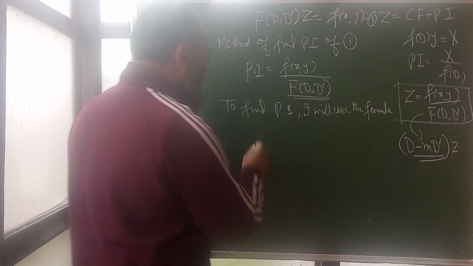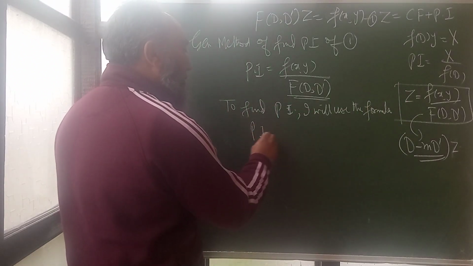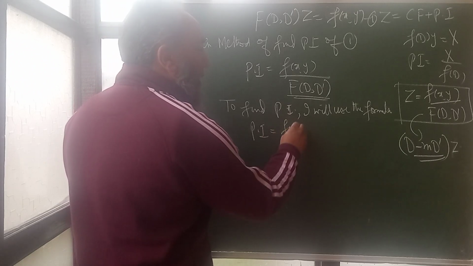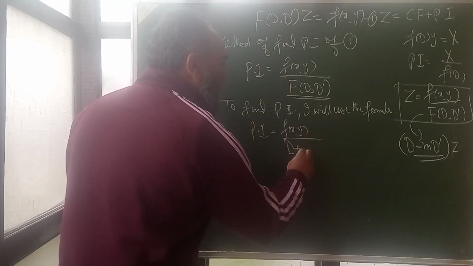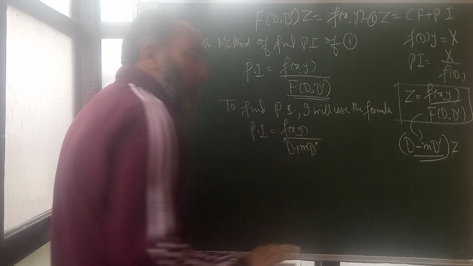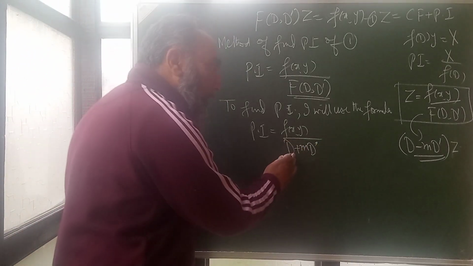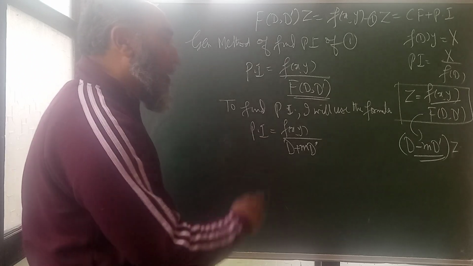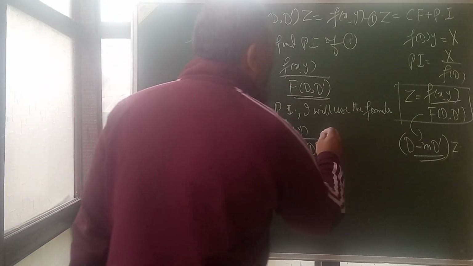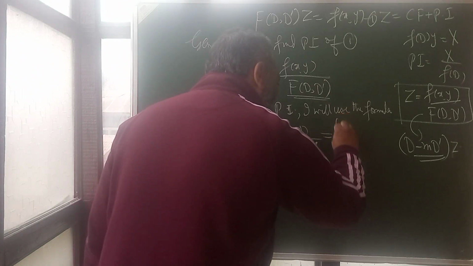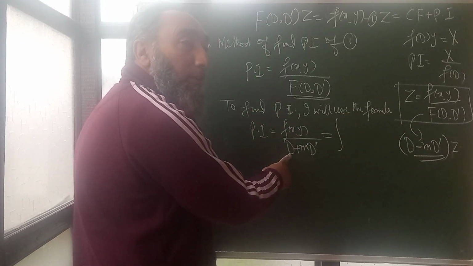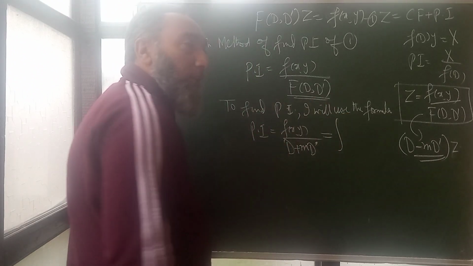What is the formula? f(x, y) upon (D plus mD'). Let me take up only one factor, D plus mD'. Plus or minus doesn't matter. When it is plus, I will write plus m; when it is minus, I will write minus m. For one factor I have one integral.